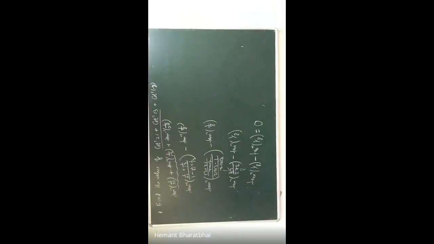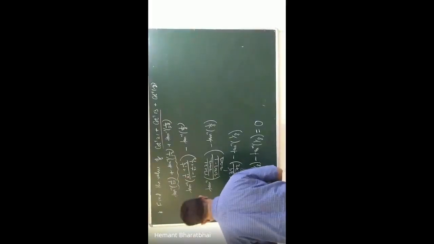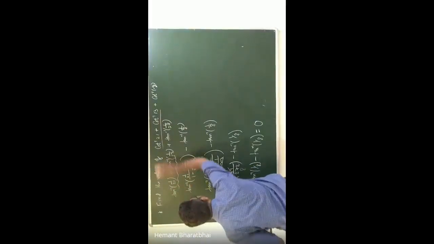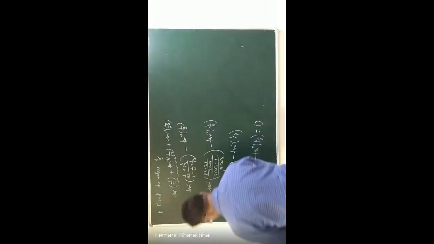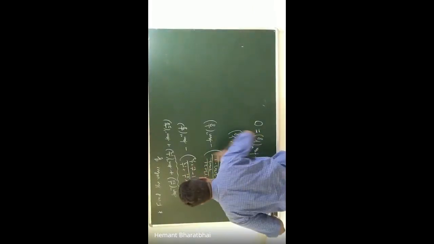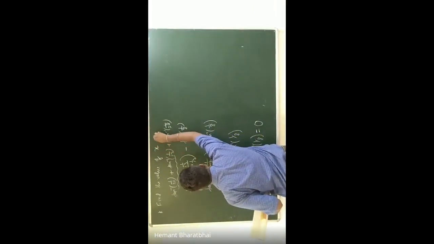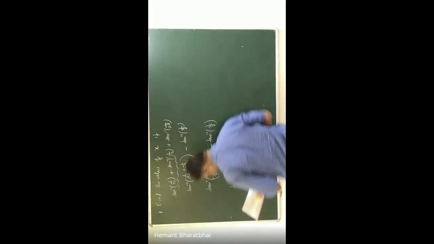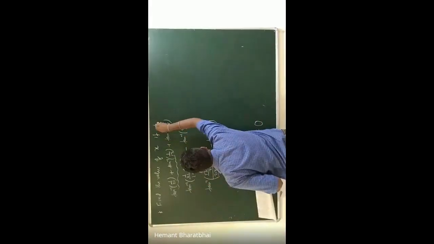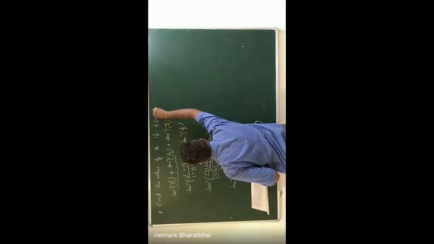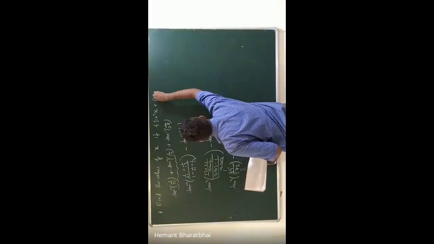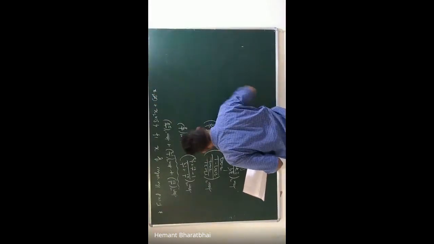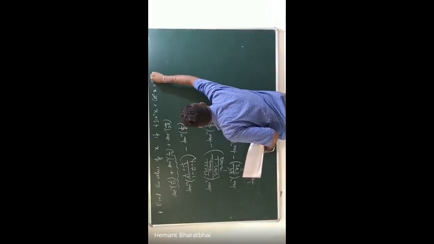Let's write the next numerical. The next question has come in the CBSE exam. Find the value of x if sin inverse of x plus cos inverse of x is equal to 3 pi by 4.